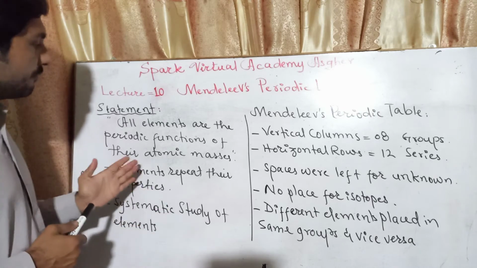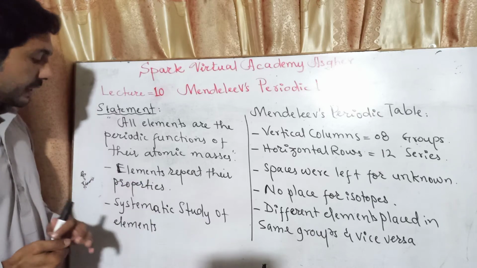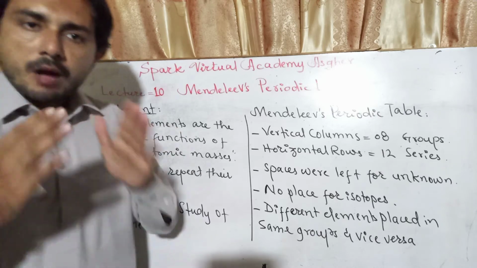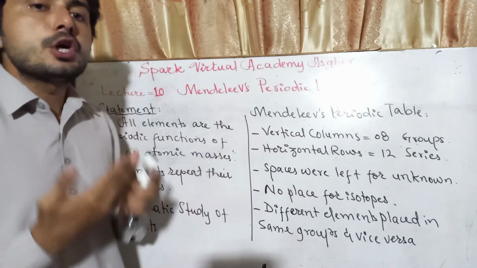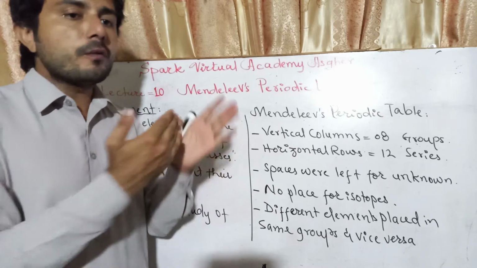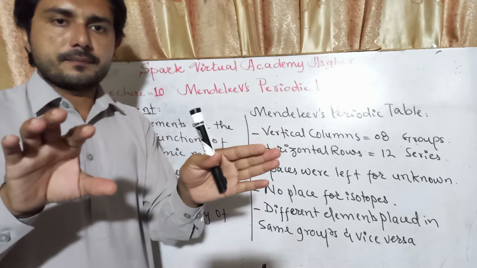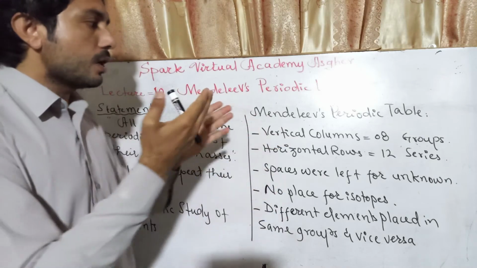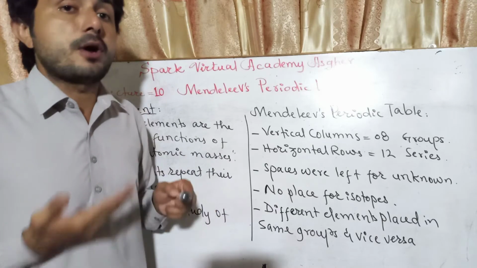Mendeleev believed that elements repeat their properties. It was Mendeleev's periodic law which helped scientists to study the elements in a proper system. Before Mendeleev, it was very hard to study the elements thoroughly. Because of this law, we were able to study the elements in a proper way.